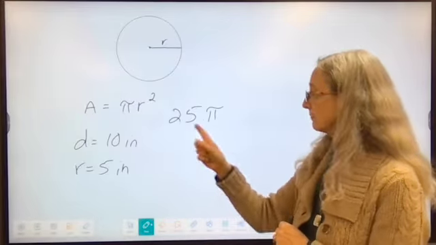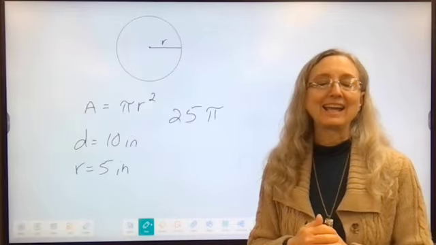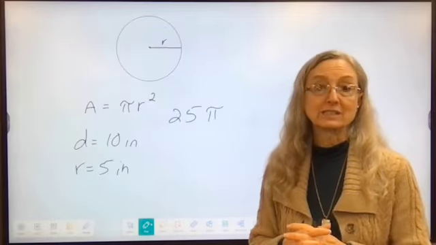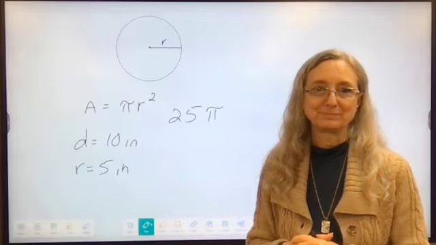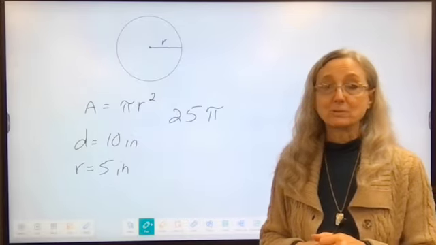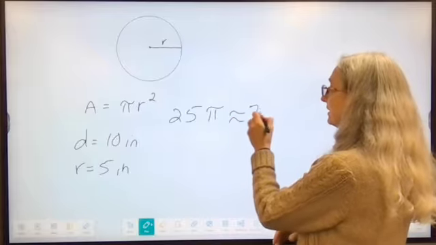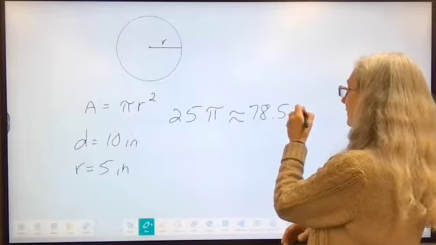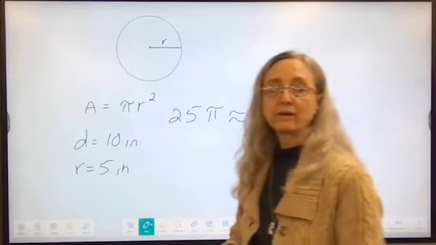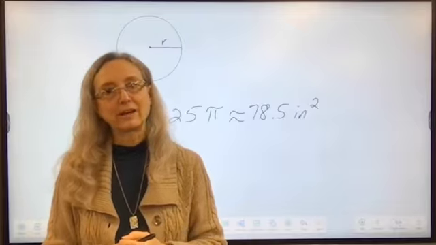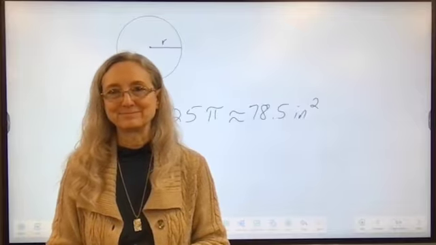Use the pi button, multiply 25 by pi, and you will get approximately what its area would be, which is about 78.5 square inches. Whatever the units are, you would take that unit and square it, and that would be the area for that circle.